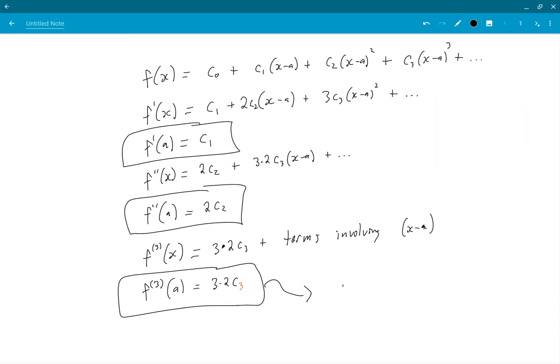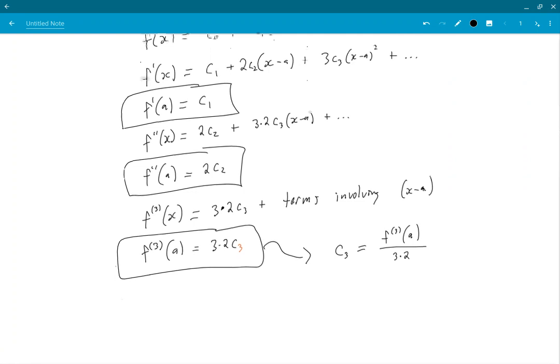So this is the one that's going to give us our pattern. C3 is equal to the third derivative with a plugged in divided by 3 times 2. We actually write that as 3 factorial.